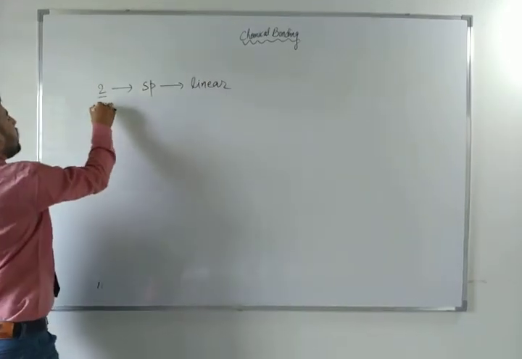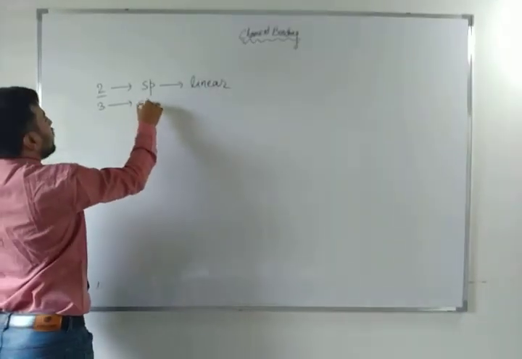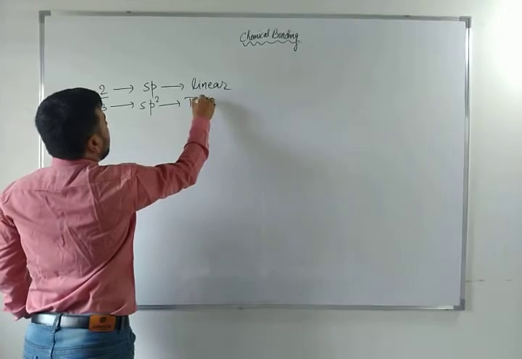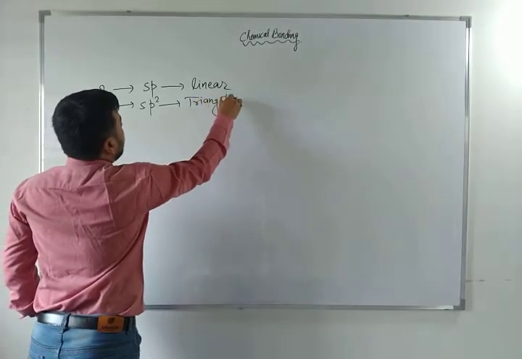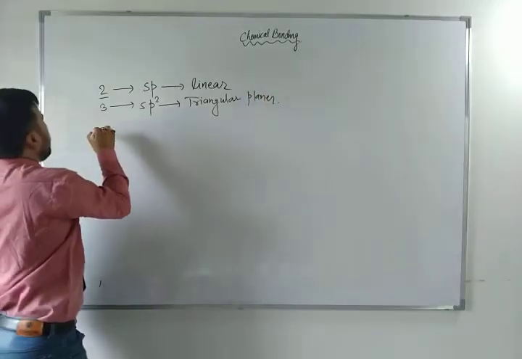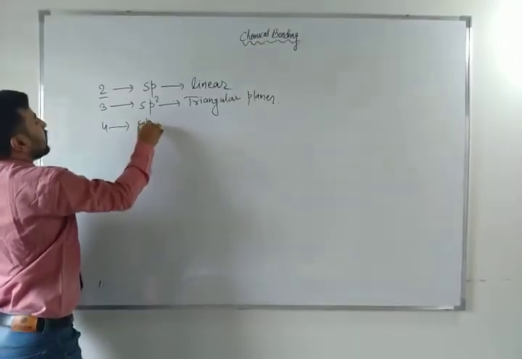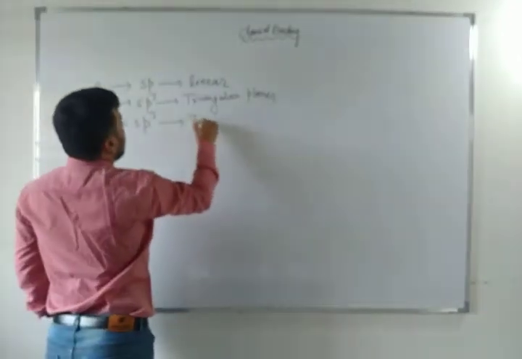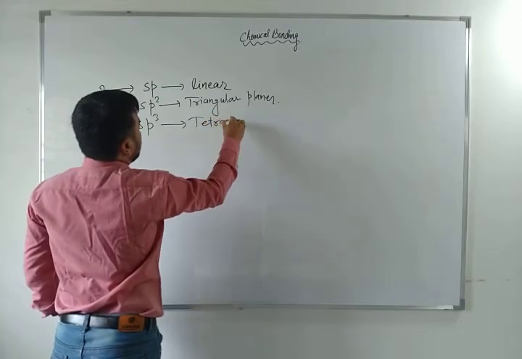When the hybrid orbitals are 3, sp2, triangular planar. When the hybrid orbitals are 4, sp3 hybridization, tetrahedral structure.